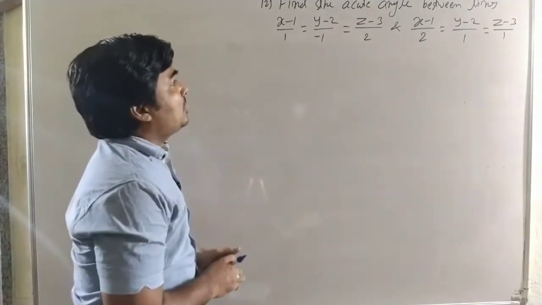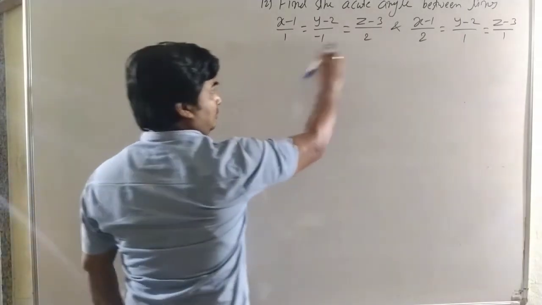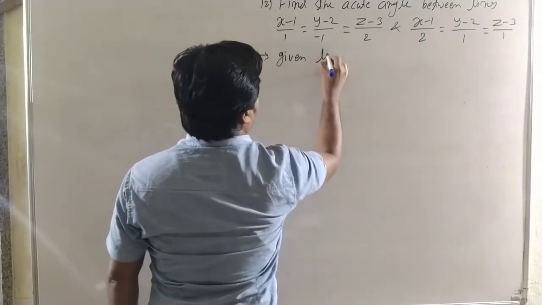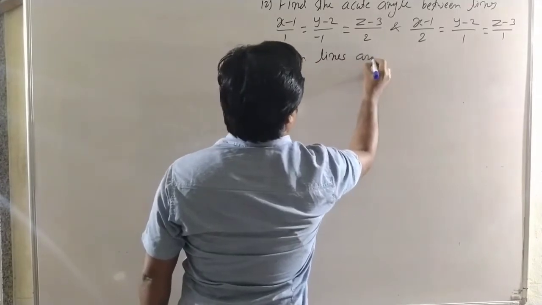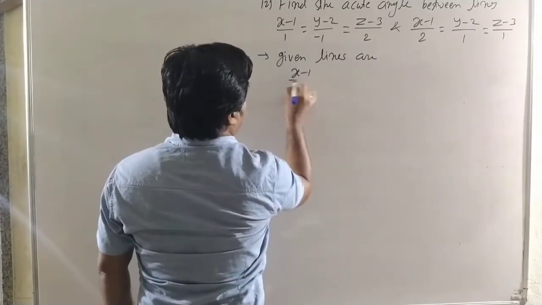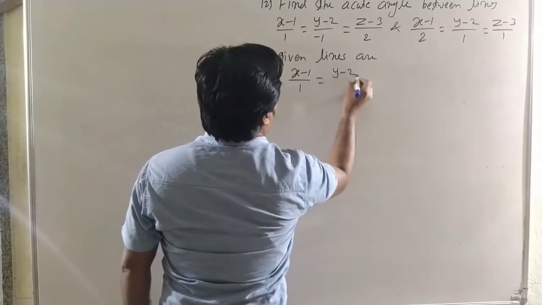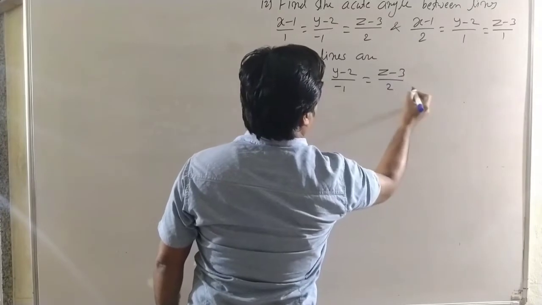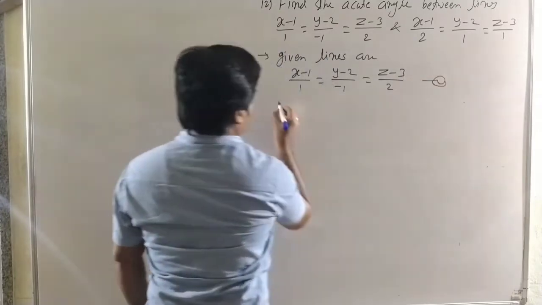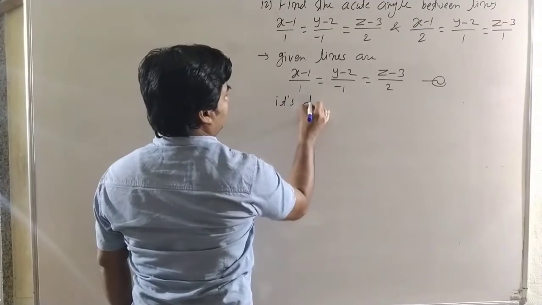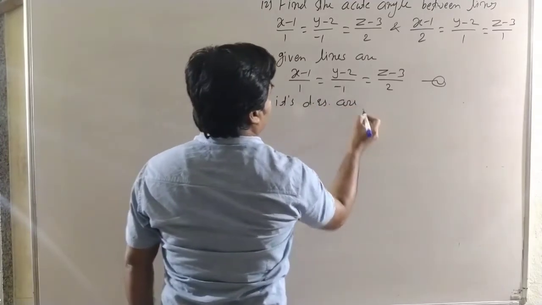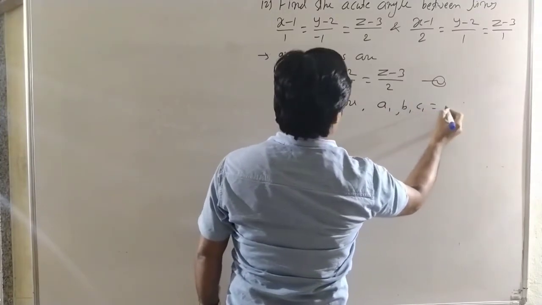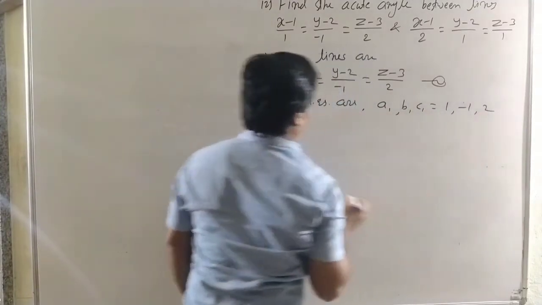Now first find the direction ratios of the two lines. The given line is (x minus 1) upon 1 is equal to (y minus 2) upon minus 1 is equal to (z minus 3) upon 2. Its direction ratios, a1, b1 and c1, are 1, minus 1, 2.